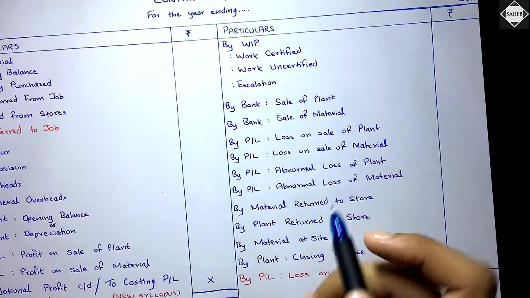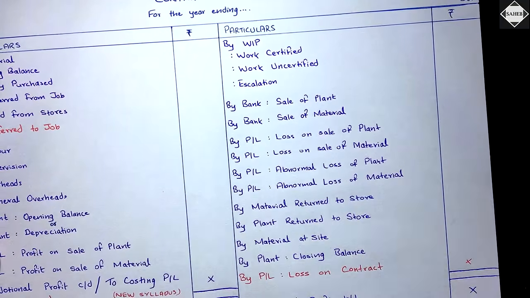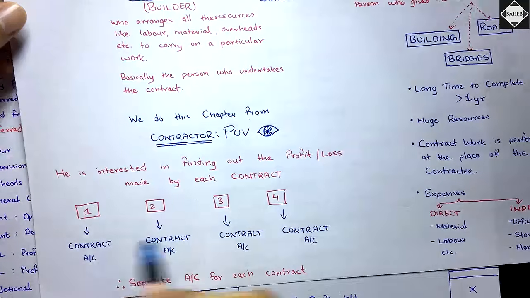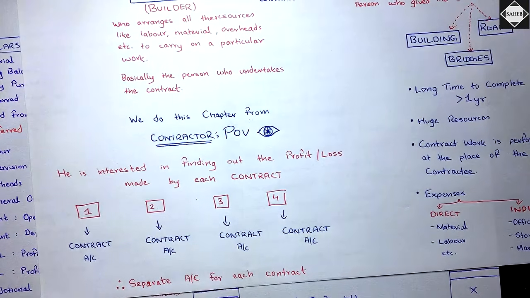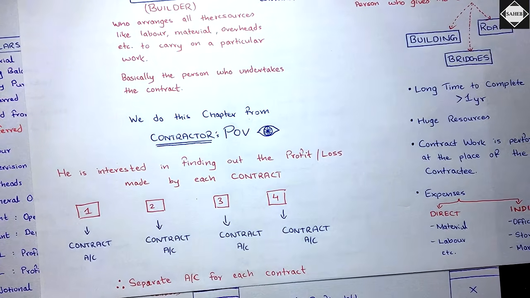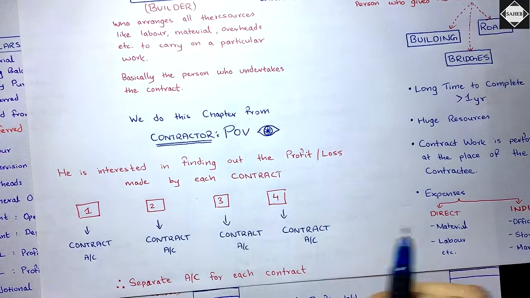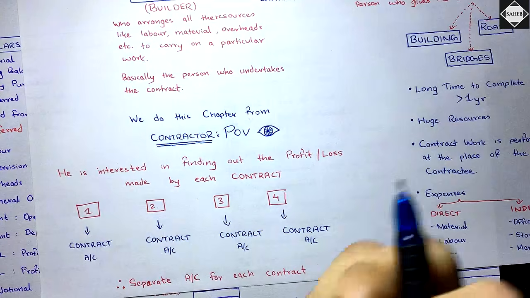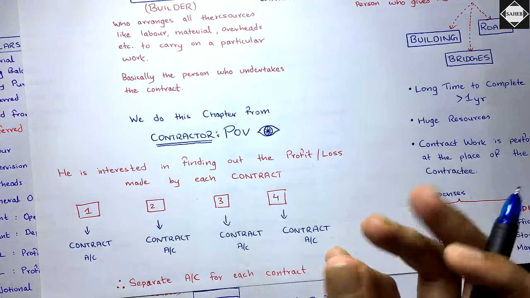And then we have abnormal loss of plant and abnormal loss of material. Now what can happen, see, the contracts are going on, isn't it? The workers may be careless. Due to their carelessness, some cement and these materials may be destroyed, or the machinery, if they use it inappropriately, will be destroyed.